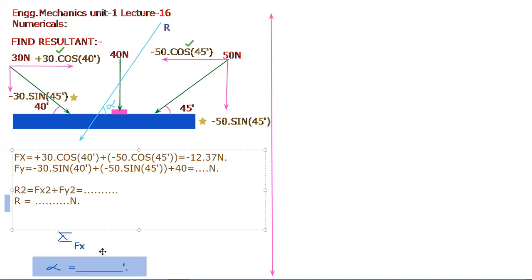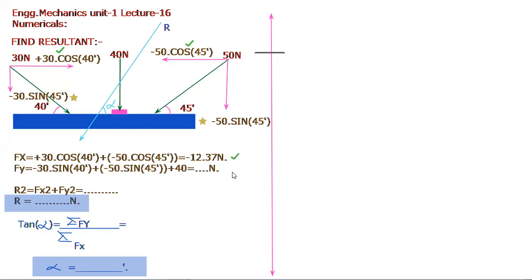Now after finding out the angle alpha, you are also able to determine in which quadrant your resultant will lie.